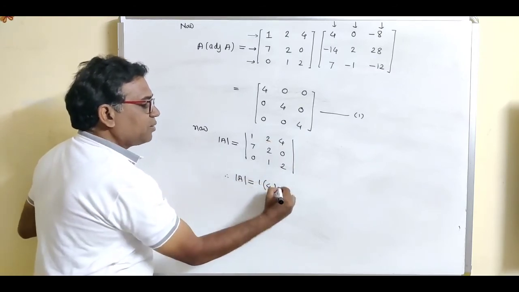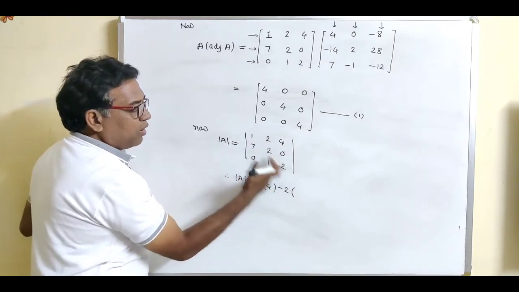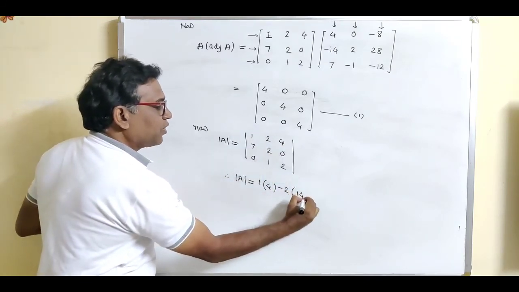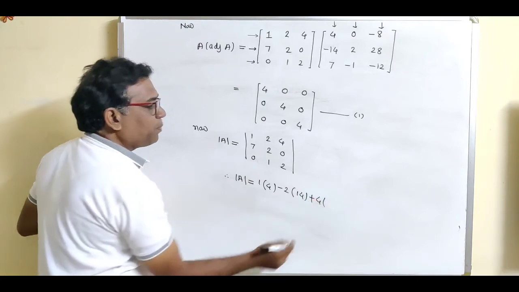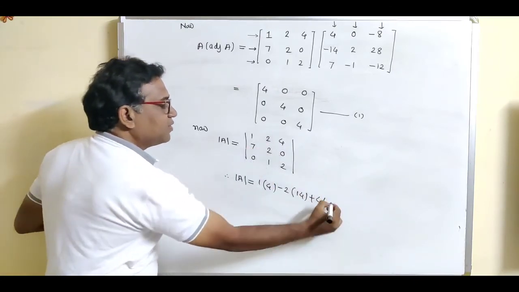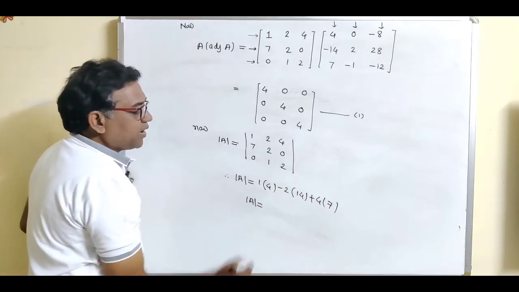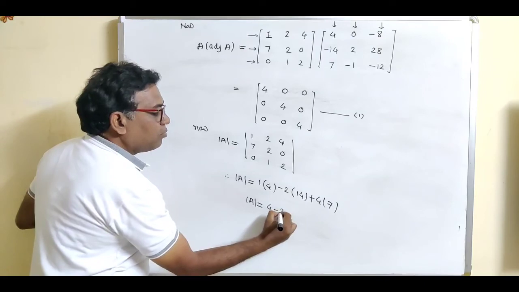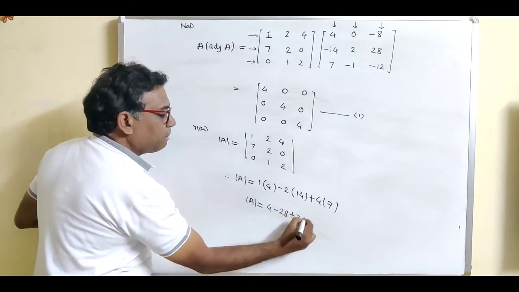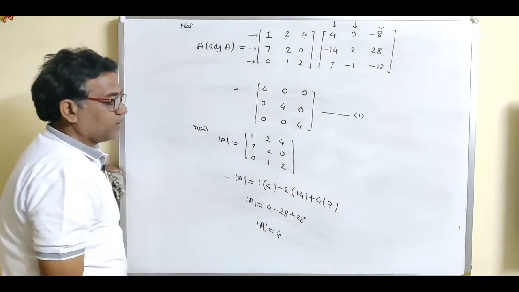For the middle term, we take the minus sign, minus 2 into bracket, delete the corresponding row and column, 14 minus 0, so this is 14, plus 4 into bracket, delete row and column and take the determinant, 7 minus 0, so this is 7. So what is determinant A? 4 minus 28 plus 28, so the value of determinant of A is equal to 4.